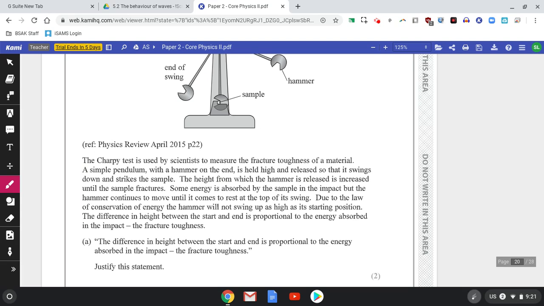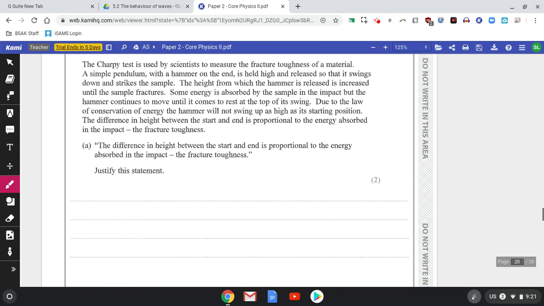So the difference in height between the start and the end is proportional to the energy absorbed on the impact. So the toughness of a material is the maximum energy it can absorb just before it fractures. That's the definition of toughness, one of those definitions you need to learn.